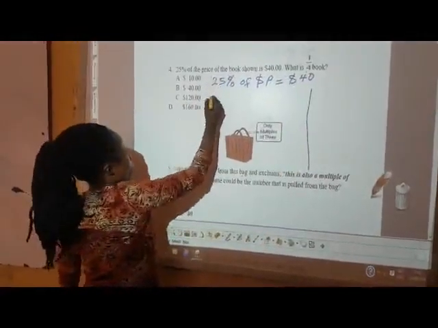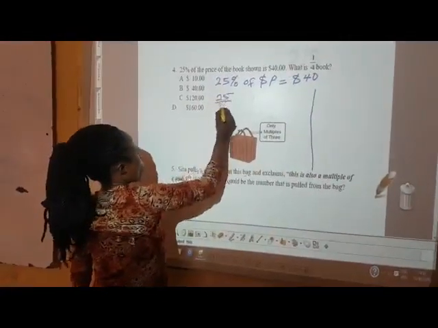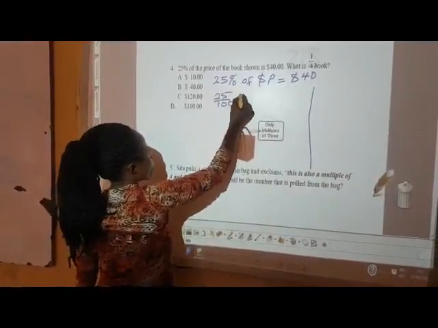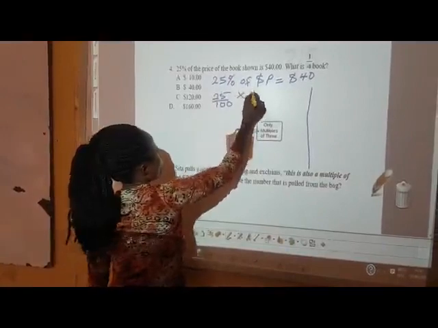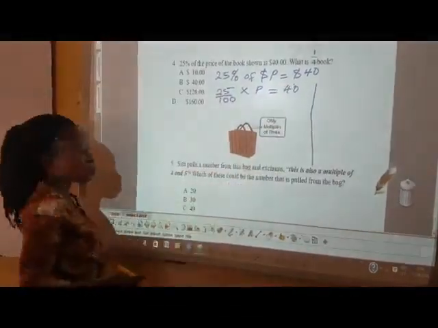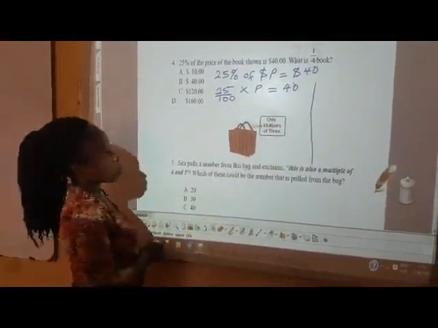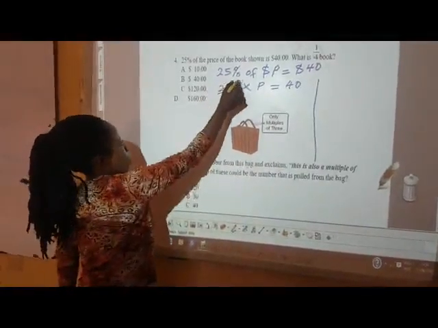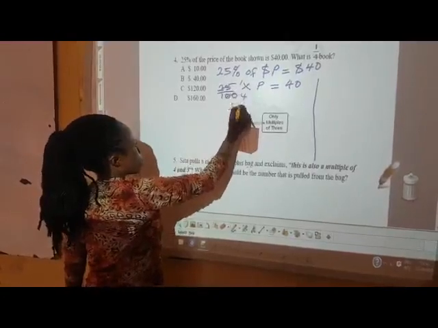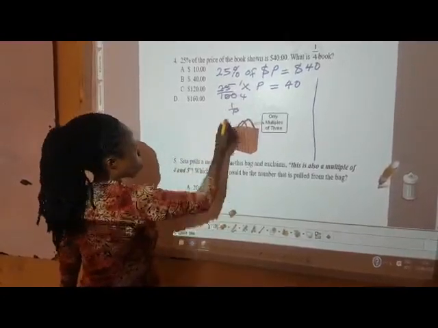You write this as a fraction, 25/100, of means times, then P is equal to 40. You don't need to write the dollar sign until you are through with the working, to make it easier. Now you cut this 25 here to 1, and 25 here to 4. So you have 1/4 times P.